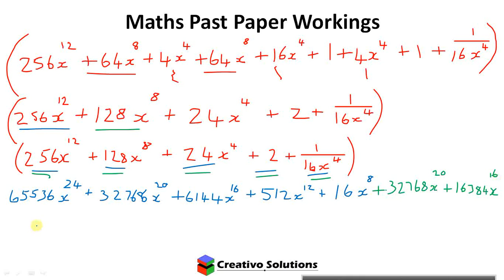Okay, then plus 128 times 24 is 3072, x to the 12.